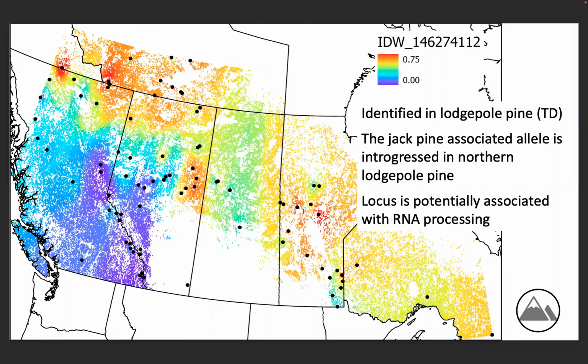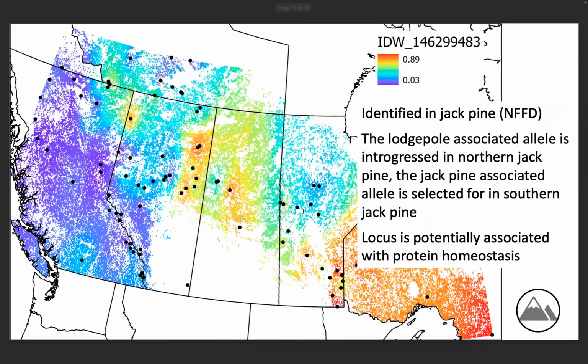And what we found here with the clines was that the jack pine associated allele was introgressed in the northern hybrid zone. So it was introgressed into lodgepole pine. So we found a lot of jack pine type homozygotes in lodgepole pine. And you can see the red and yellow is really present in that northern hybrid zone and not in the southern hybrid zone. And we looked at the annotation thanks to Rhiannon's bioinformatic wizardry. And this locus is potentially associated with RNA processing and stress response.